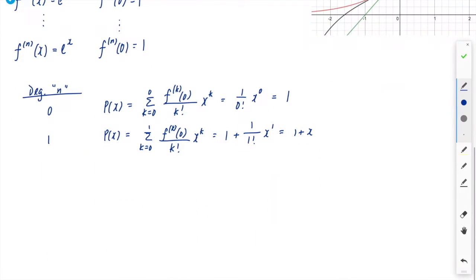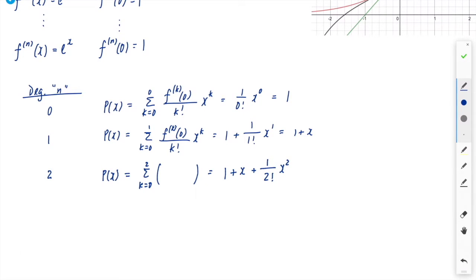Continuing like that, for the degree 2 Maclaurin polynomial, the sigma would be the same, so I'm not going to write that part. I know that the first two terms will resemble what we already have. And then the third term is going to be the second derivative at 0, 1, over 2 factorial x squared.